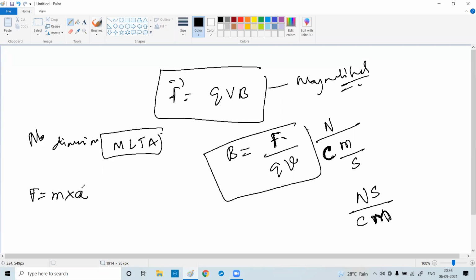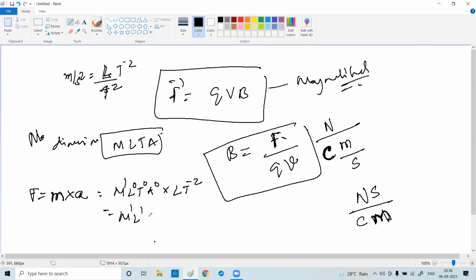What is mass? M1 L0 T0 A0. Acceleration is meter per second squared, meaning L by T2. So here it becomes L T minus 2. T goes up so it becomes minus 2. So the dimension of F is M1 L1 T minus 2 A0. Clear?